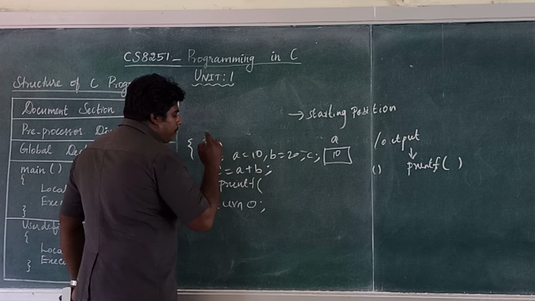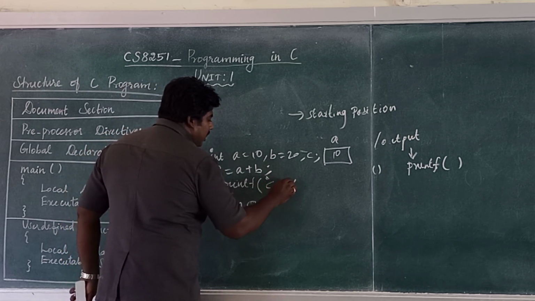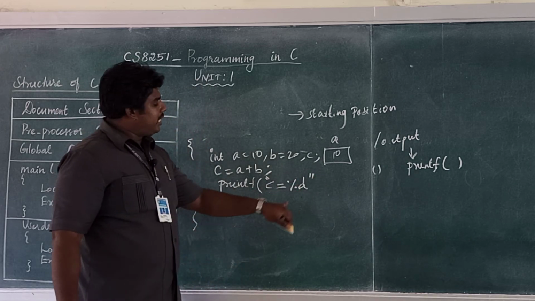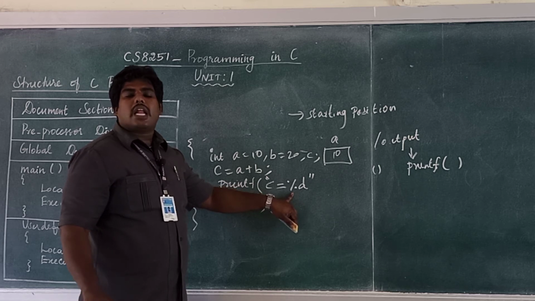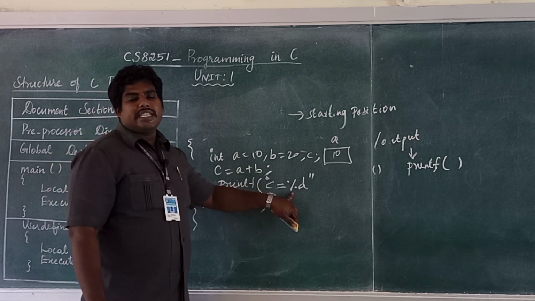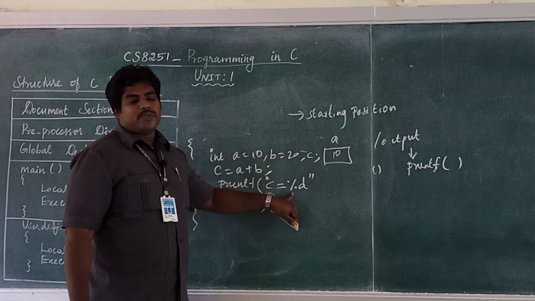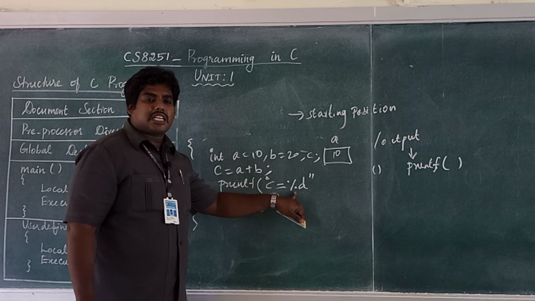printf, I want to print this C. So in double quotes, C equal to %d. Why am I putting %d here? %d is the format specifier denoting an integer, a control string which denotes an integer. So this %d denotes one integer value.